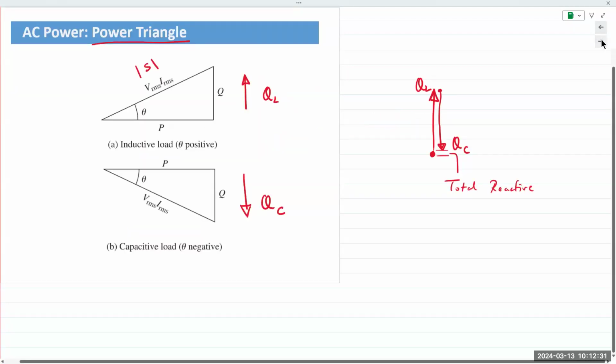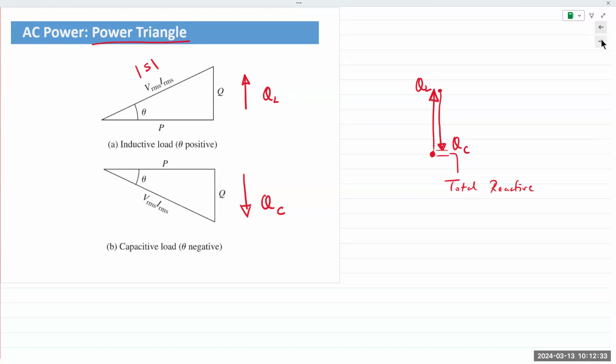Reactance and impedance for an inductor is always positive. Reactance and impedance for a capacitor is always negative, right? That comes from the fact that the voltage leads the current in an inductor, and the voltage lags the current for a capacitor.